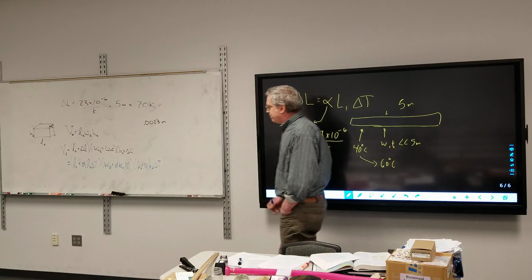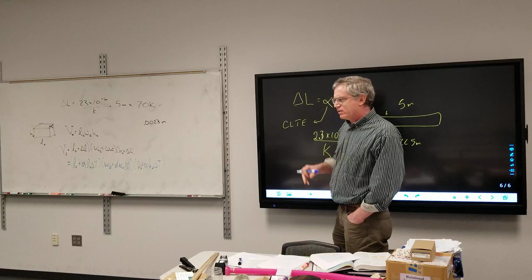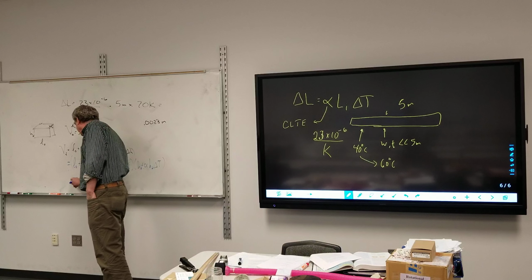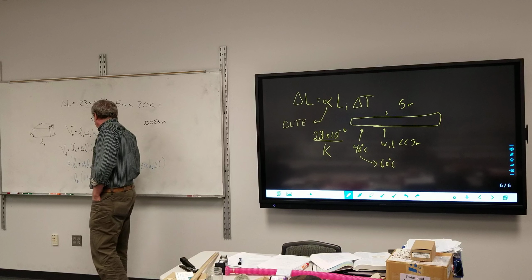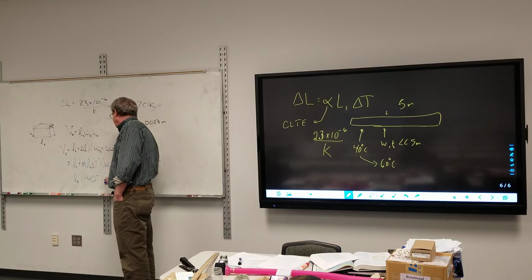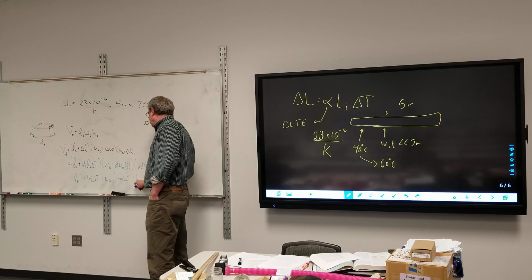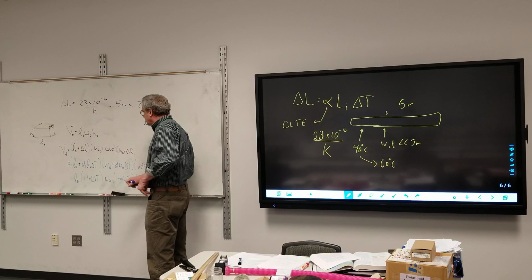And then for each of these terms, or factors actually, we can factor out the base units there. So I end up with L sub naught (1 plus alpha delta t), W sub naught (1 plus alpha delta t), H sub naught (1 plus alpha delta t).